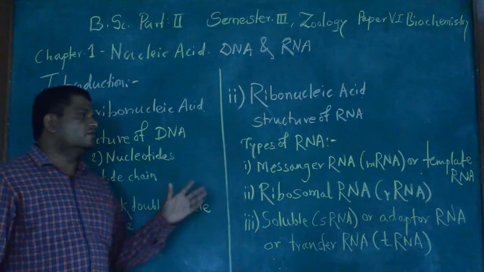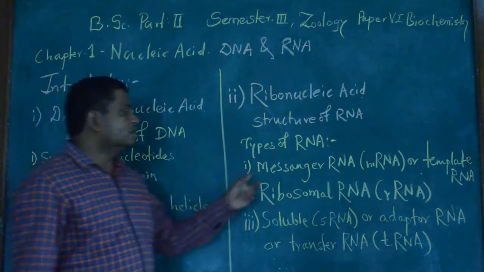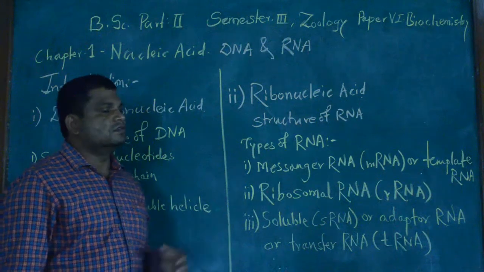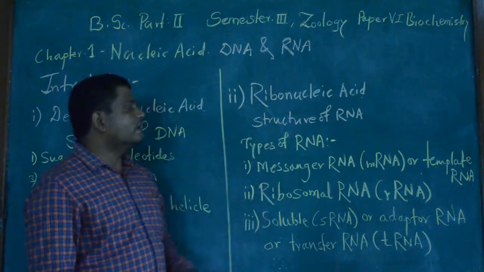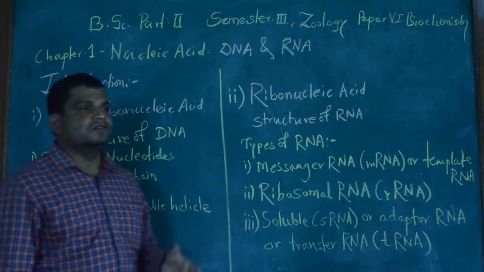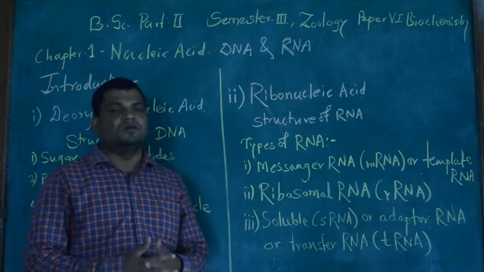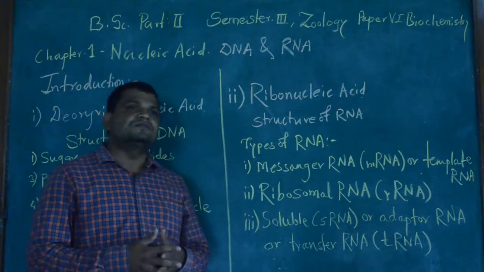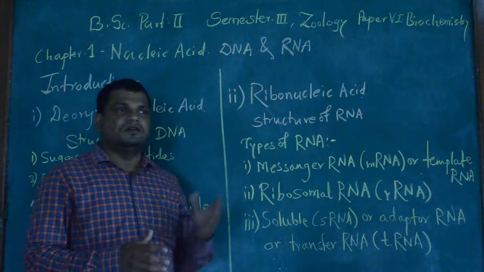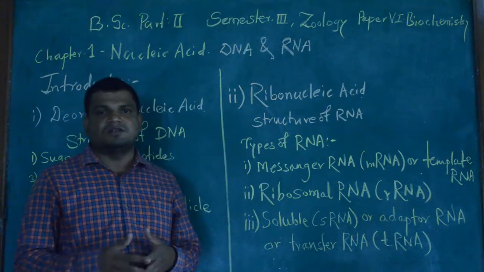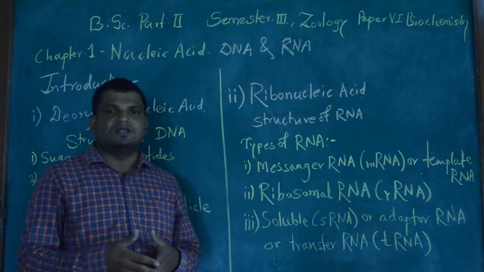That's why RNA first. Here we will concentrate on RNA. After studying the central dogma of molecular biology, we will be able to determine how replication, transcription and translation occur.